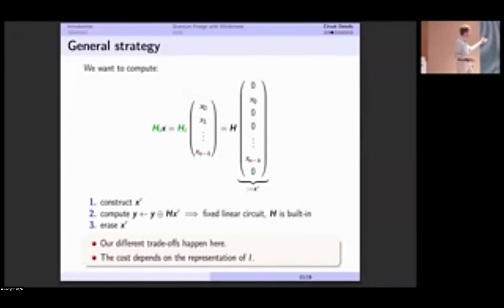So the multiplication by H is simply a linear circuit that is very easy to implement. Basically, you can imagine that all this information about H is built into the circuit. So you still don't need much space, because you don't need to write it down in space. So I'm not detailing all of this, but this is where different trade-offs happen, and you have different choices depending on how you represent the choice of columns I on the cost of this operation.